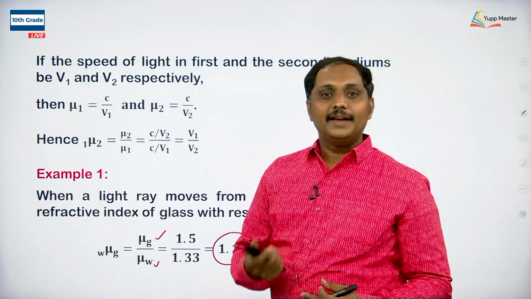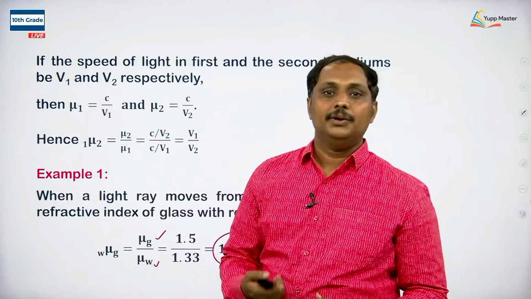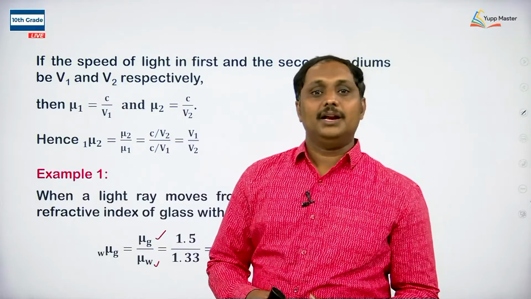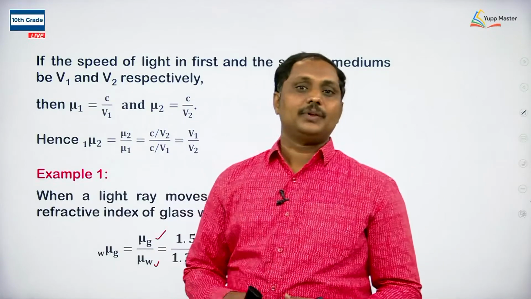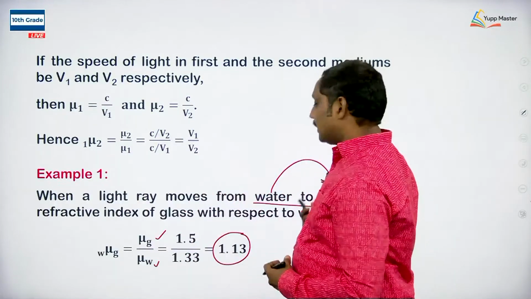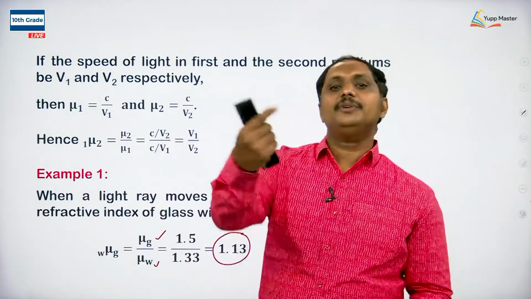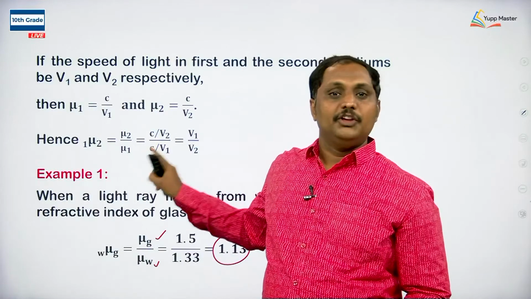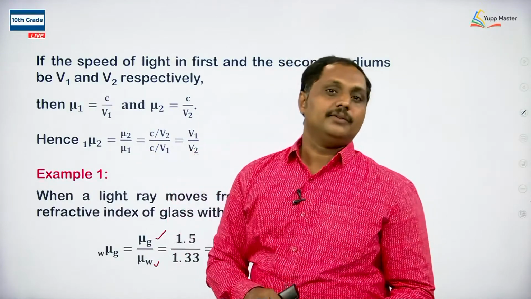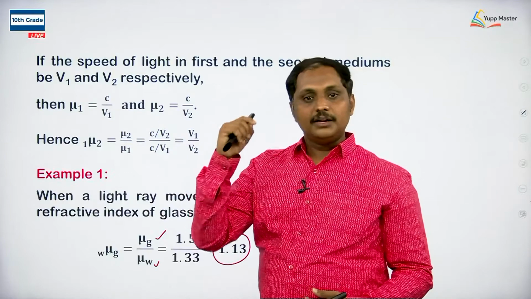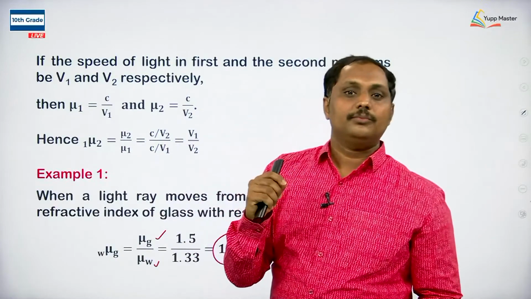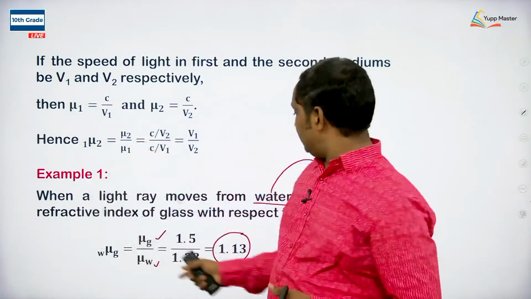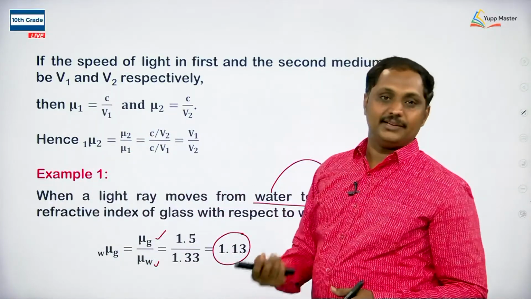Now, it has been expressed as mu 2 by mu 1. So, whenever the light enters from water to glass, the refractive index of glass with respect to the water is known as relative refractive index. Simply, the refractive index of the second medium with respect to the first medium is known as relative refractive index.